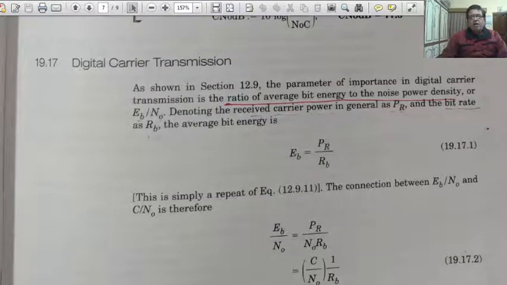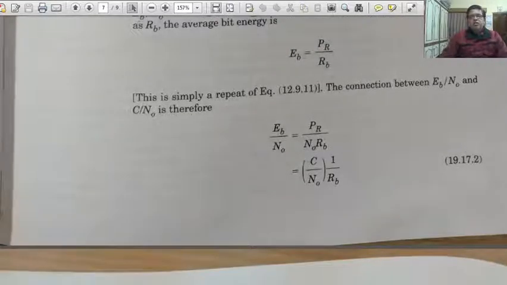Here, the parameter of importance in digital carrier transmission is the ratio of average bit energy to noise power density, or Eb upon N0, denoting the received carrier power in general PR and the bit rate as Rb. The average bit energy is Eb equal to PR upon Rb. This is simply a repetition of an equation from this chapter. We are just using this relation.